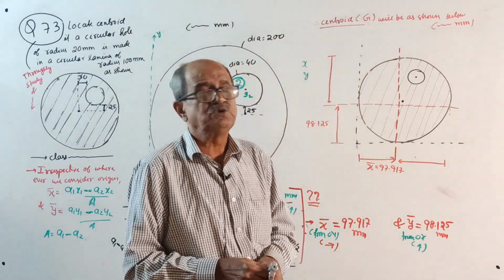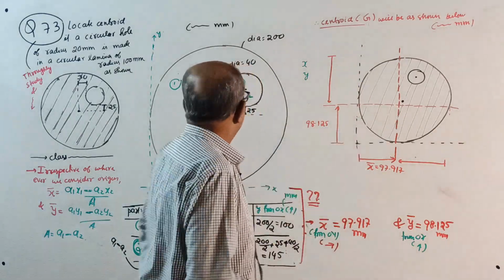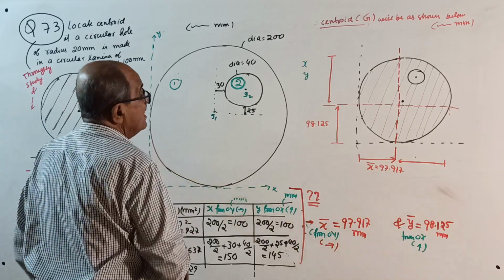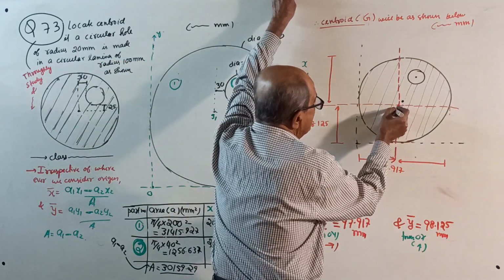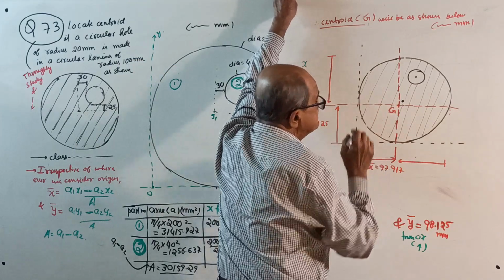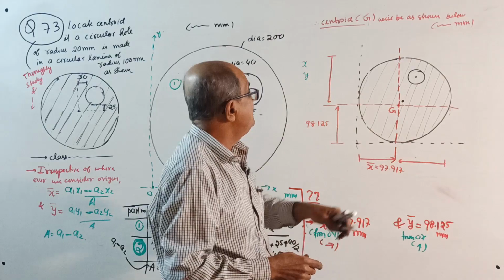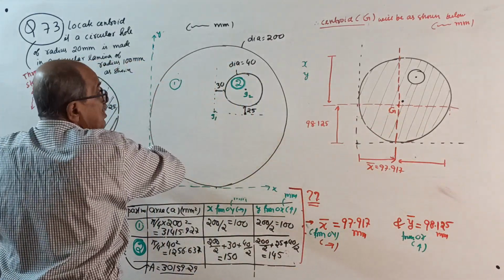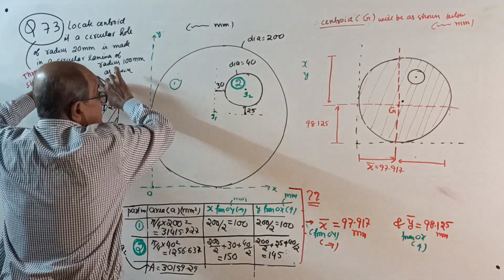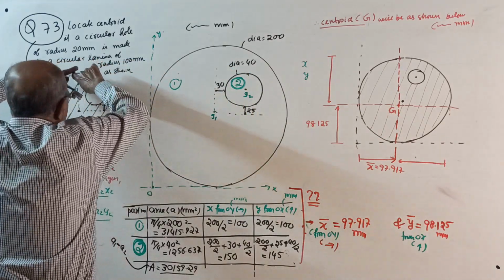Suppose somebody wants to locate the centroid with respect to the center of the circle. Then what to do? See, your centroid G is here. Which circle? The big circle, the full original lamina, the main circle.